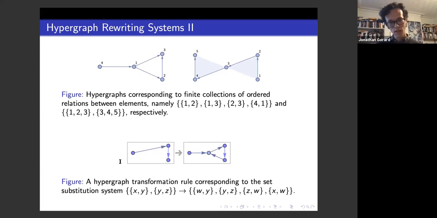And at the bottom here, we've got an example of a hypergraph rewriting rule. Here's a rule that just says, if you've got a hypergraph that matches this pattern {x,y},{y,z}, then you can replace it with one that matches the pattern {w,y},{y,z},{z,w},{x,w} for some introduced variable w. And you can represent it graphically like that.